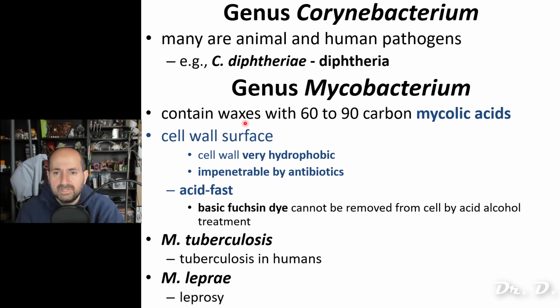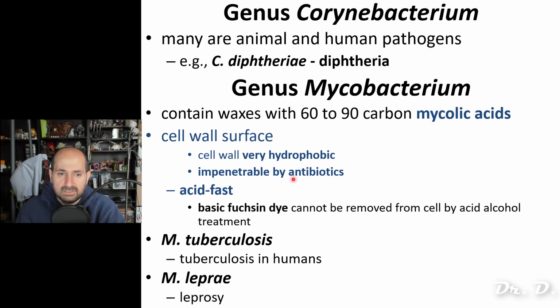Mycobacterium. These are bacterium that contain these mycolic acids. Remember that waxy substance in the cell wall? These creatures have cell walls that are waxy and impenetrable by antibiotics, making them very difficult to treat. So a lot of times if you have a mycobacterium infection, that could be lifelong, right?